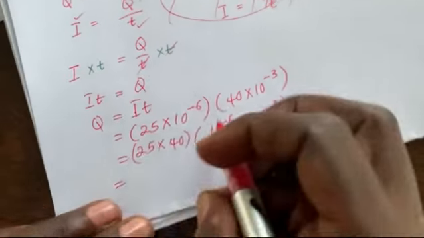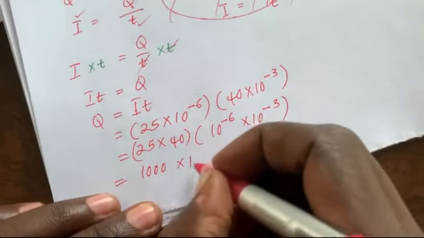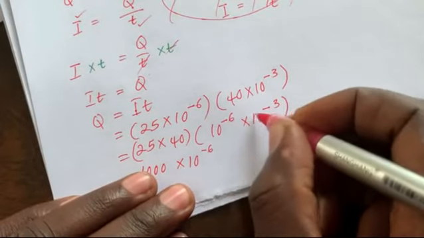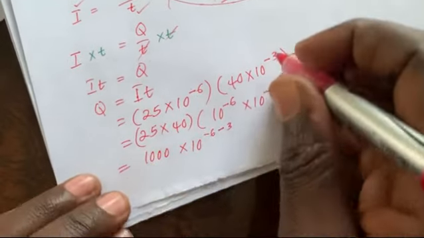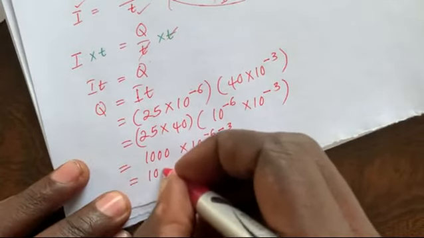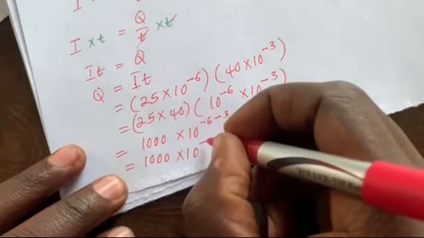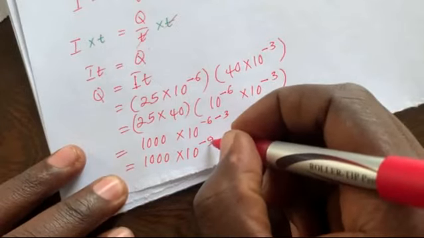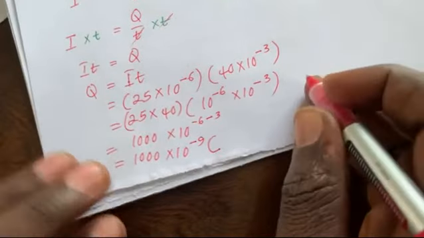So you have 1000 times 10 to the power of, look at this, minus 6 added to minus 3. This is equal to 1000 times 10 to the power of minus 9, because minus 6 minus 3 is minus 9. And the unit of charge is the coulomb, denoted by capital C.